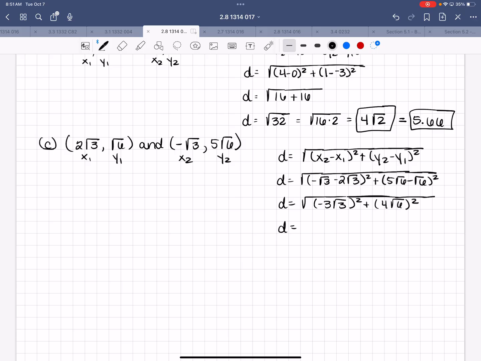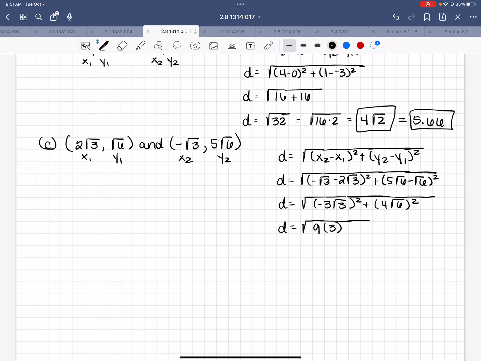Negative 3 square root of 3 squared is really 9 because I square that negative 3. Now, when I square the square root of 3, what do I get? 3. Remember, when you square a square root, what happens? Inside falls out. Those are inverses of each other, so whatever's on the inside comes out.